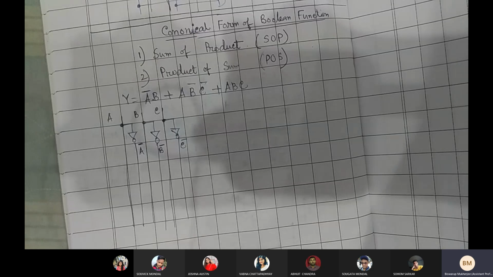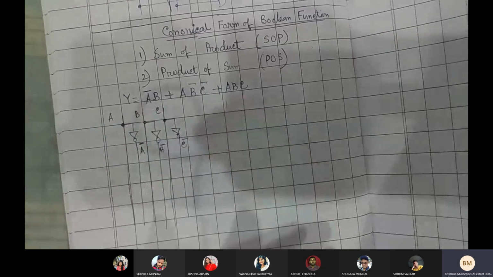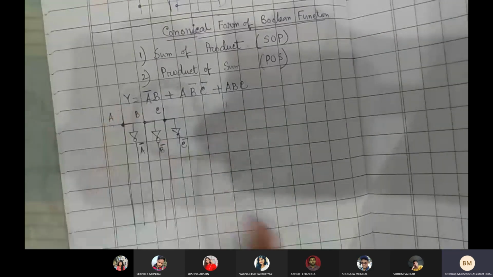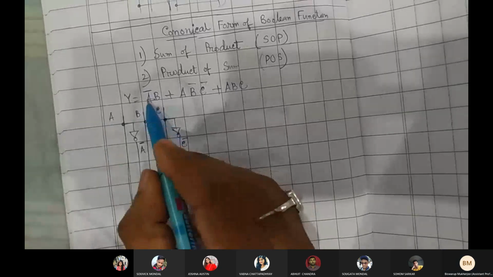So for that, maybe in this Boolean function B bar is not required, but maybe there is another output y1 where B bar is required. So that is actually a common input for all the cases. So we generate A bar as well as B bar as well as C bar. We generate that normally by default. These are being generated. The rest of the step is A bar B.